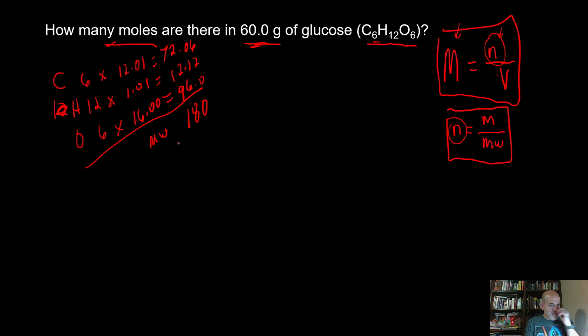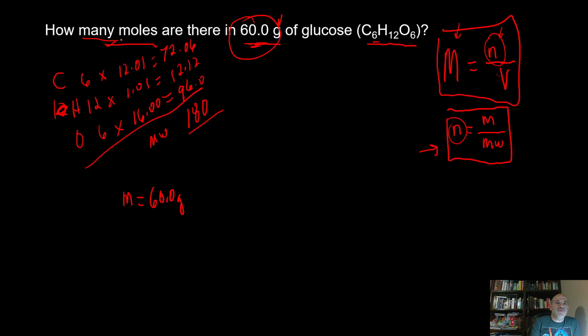The molecular weight, if we wanted to know how many moles, we would change that to grams, and it would be grams per mole. So in this problem, we figured out the molecular weight. This is the concept formula to solve this. What's given in this problem? They give us grams, so that's mass, 60.0 grams. Remember, it's always helpful to write down what's been given. You recognize grams as a mass.